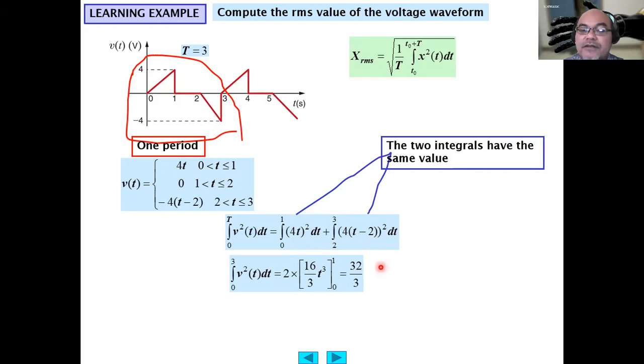Then we obtain the value 32 over 3. Then V RMS equals the square root of 1 over T, the period, 1 over 3, times the value of the integral of the square, which is 32 divided by 3. So we obtain V RMS equal to 1.894.